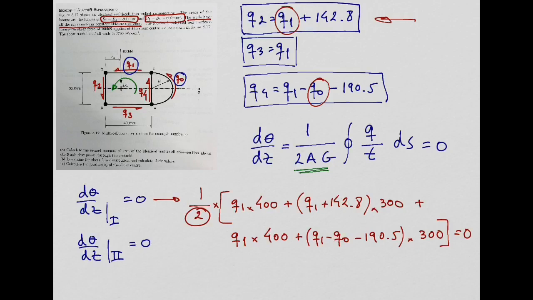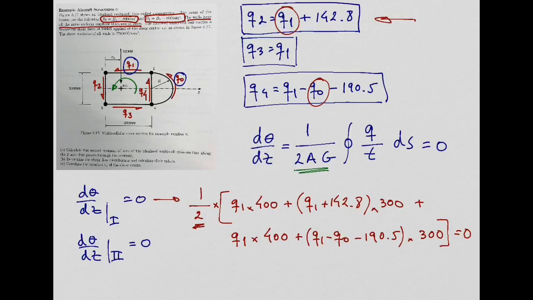Because the thickness of these four walls is the same, all walls have the same thickness. So I could have divided everything by 2, right? Yeah, I could have done this, because then I can just send these 2 to the outside, right? That's why I have these 2 over here.